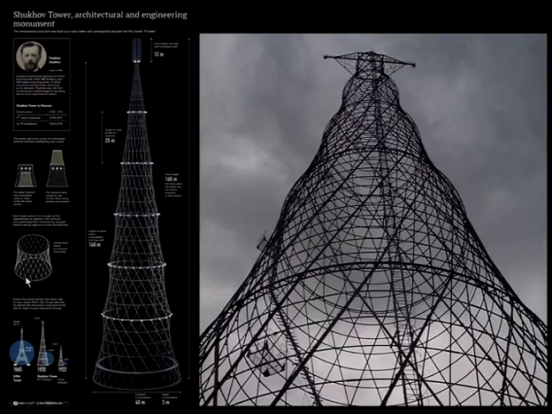A catenoid is this shape here, the one you see on the left. So it's just a catenary. A catenary is a specific type of arch. And then the surface of revolution is the catenoid. So this one. What's the characteristic of that? You can construct it out of a ruled surface.